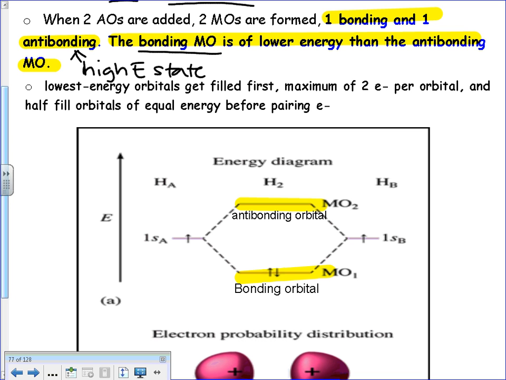Just like normal, you're going to put electrons in the lowest energy orbitals first, maximum 2 per orbital. Then we fill the anti-bonding orbitals with electrons after the bonding orbitals have been filled.